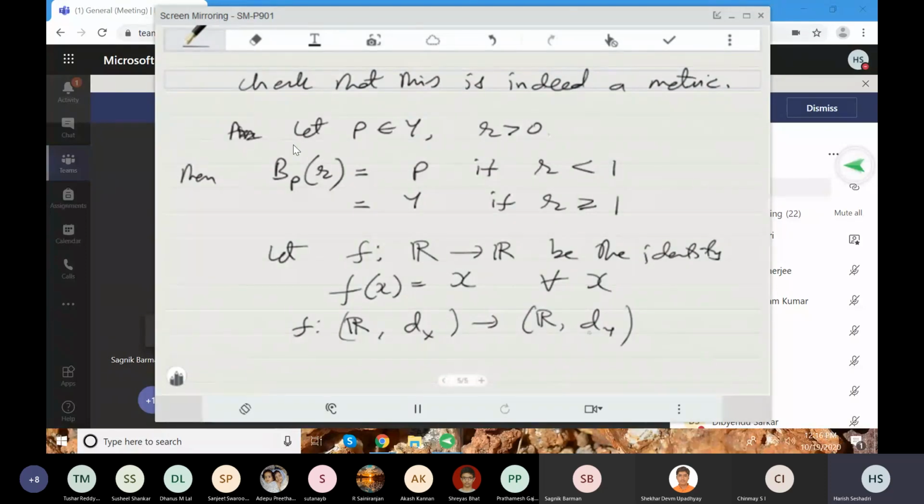Remember that dx and dy were just the absolute value functions, so the usual distance. So this is, of course, continuous.